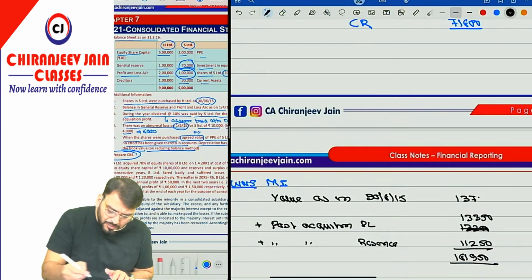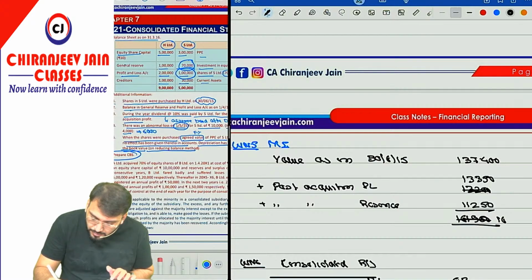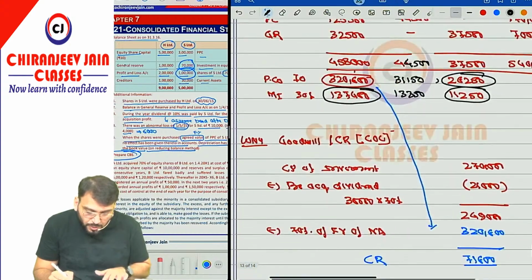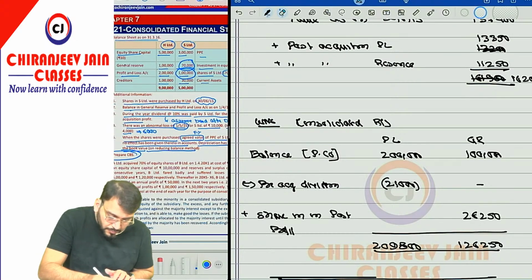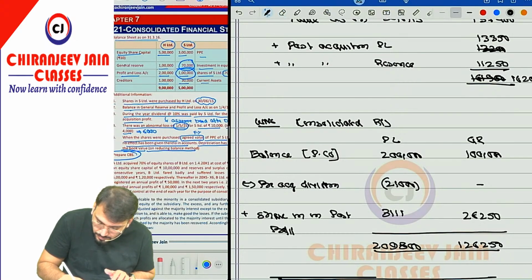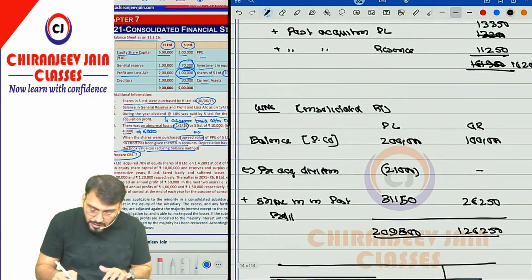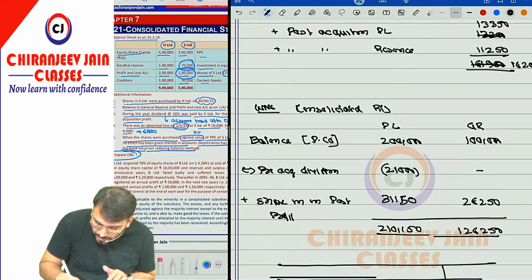Okay, let's go. Right now, my concentration explanation. This is coming 1,62,000. Okay, the change will be here. This was post-acquisition profit, 31,150. 2 lakh minus 21,000 plus 31,150, that is 2,10,150. Okay sir, now correct.